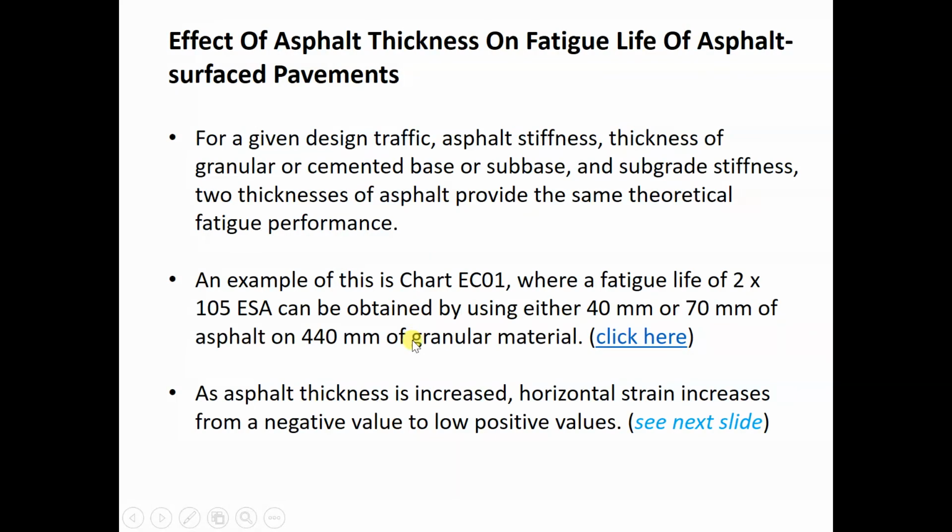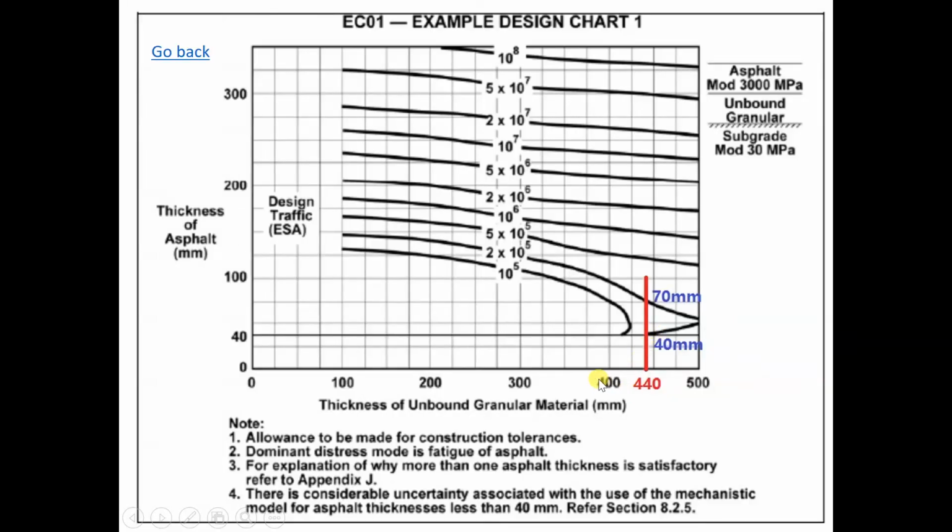An example of this is in chart EC01, where an effective life of 2 times 10 to the power 5 ESA, not 105, can be obtained by using either 40 mm or 70 mm asphalt on a 440 mm granular material. Okay, so look at this.